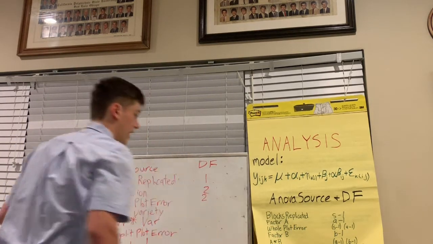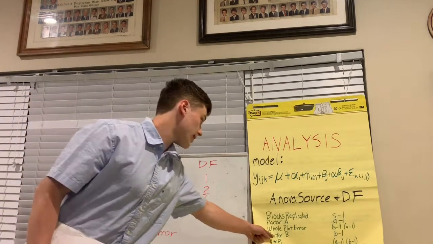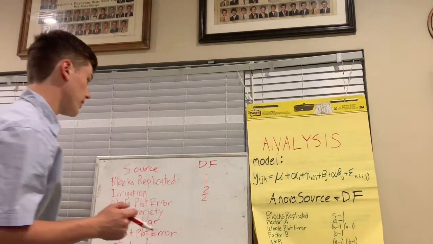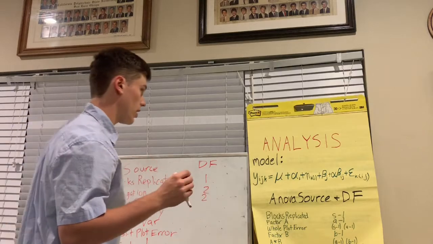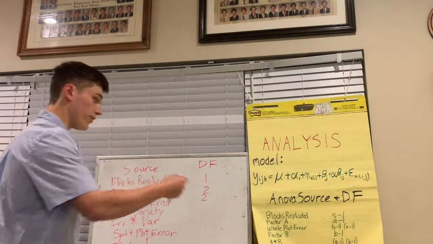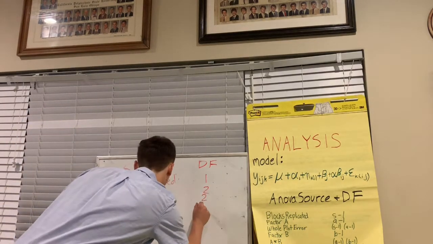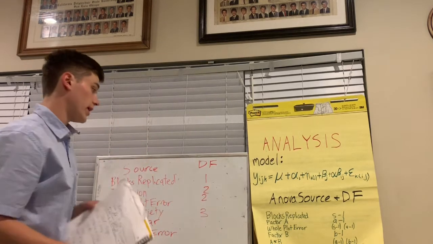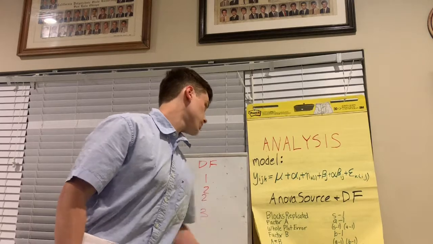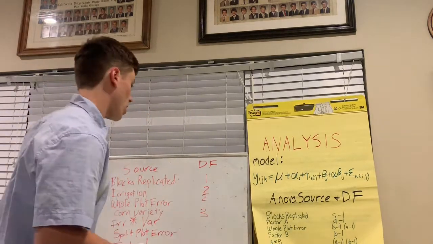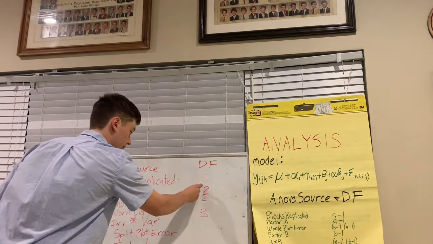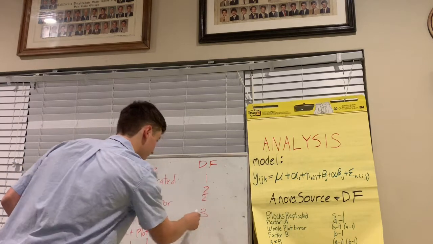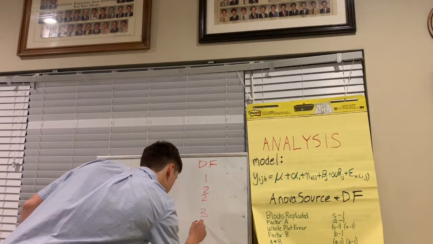And then now we have our second factor, which is the split plot factor. And this one is our corn varieties, which is 4. So 4 minus 1, we get 3 degrees of freedom for this guy. And then now we have our interaction source. With that, we do our whole plot factor times our split plot factor. So we go 2 times 3 equals 6.